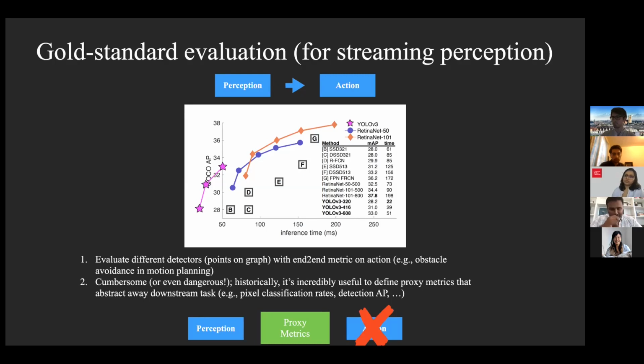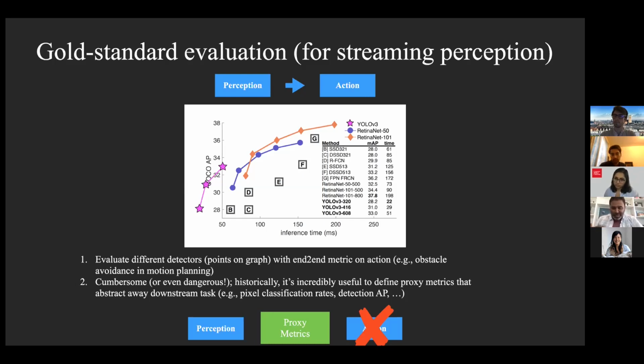So that suggests that if we could actually do end-to-end optimization, maybe that would already figure out this compute trade-off. But of course, that's hard to do historically because, number one, you don't really want to drive around and see how many times you run into things, because that's dangerous. So as a community, it's been incredibly useful to define proxy metrics.